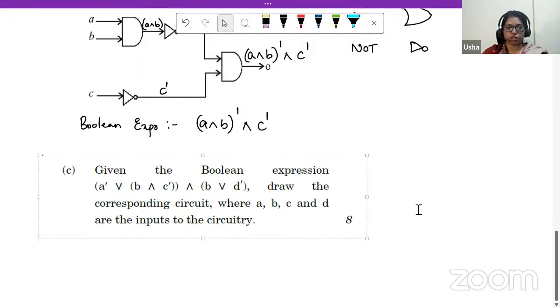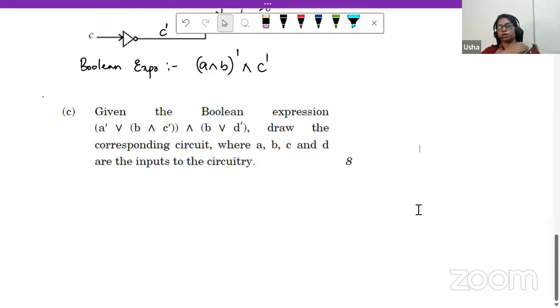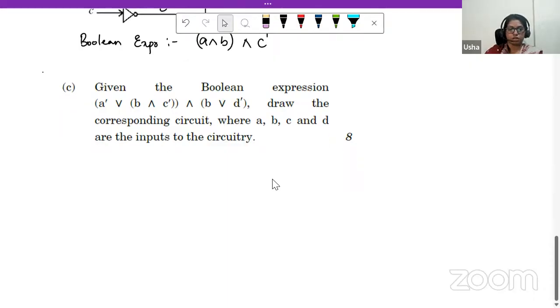Given Boolean expression: (A' or B and C') and (B or D'). Draw the corresponding circuit where A, B, C, and D are inputs to the circuitry.